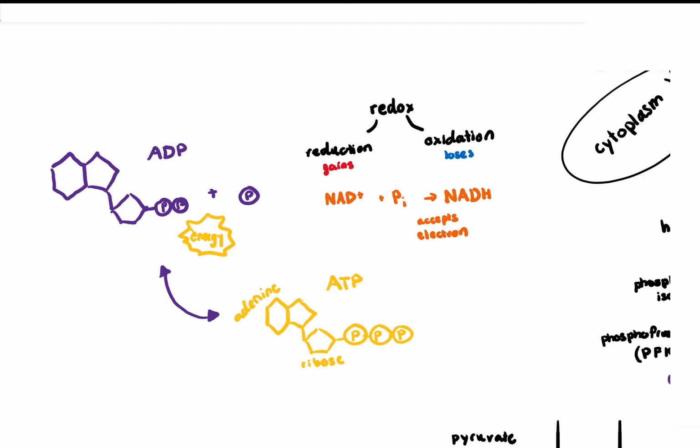Now, the structure of ATP is made up of adenine and ribose, plus these three phosphate ions, and ATP is called adenosine triphosphate, and so the name also helps you understand the structure, and we've seen this a lot in biology. Now, ADP is the same structure, except it only has two phosphate ions. And when you add that third phosphate ion, energy is stored in there. And so when that phosphate bond is broken, you get a release of energy.